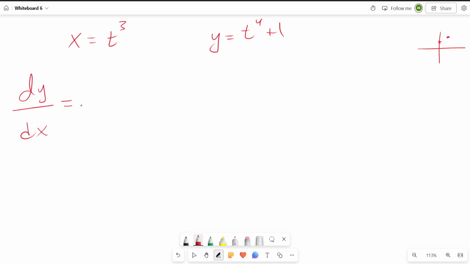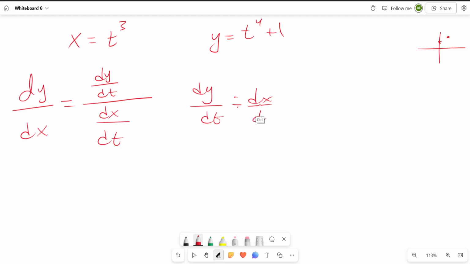dy by dx is basically dy by dt over dx by dt. Why is that so? Dividing by dx by dt is the same as multiplying by the opposite, dt by dx.